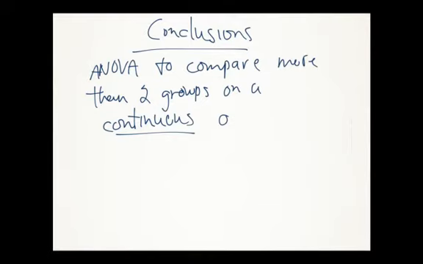That's a key point, that it's a continuous outcome variable that you have. And so the way we do this is by looking at the variability within groups versus the variability between groups. So if the variability between groups is more than the difference within a group, then the groups are likely not the same. And then once we do that, pairwise comparisons can be completed if there's a significant difference between the groups, but we have to correct for multiple comparisons.